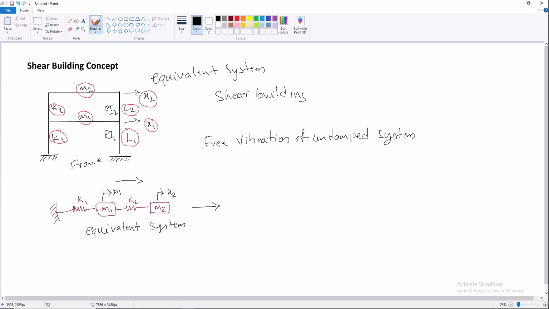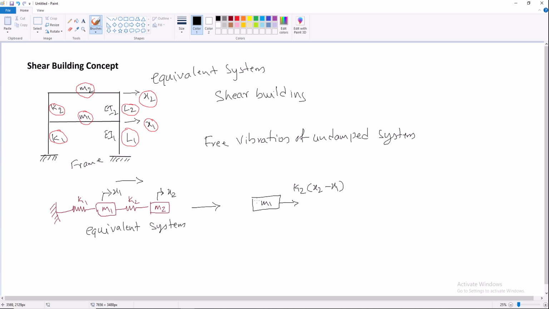So if I draw the free body diagram of this, first I have the mass m1. Here there is a force acting in this direction, that is k2 times (x2 minus x1). This is the total force which is dragging or moving in this direction.